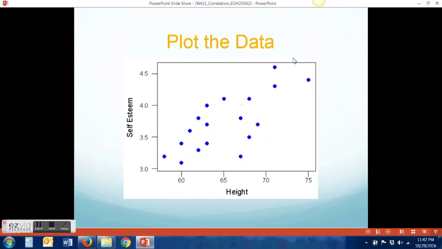Alright, so just glancing at the data, take a moment to stop and think, what direction is this relationship? And what do you think the magnitude of the correlational coefficient might be with these data?